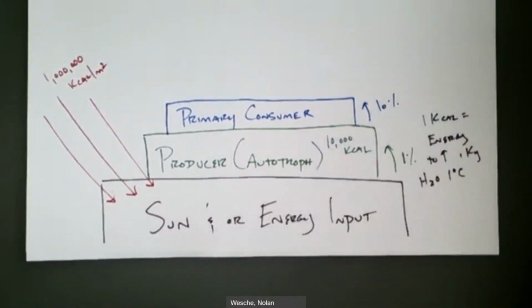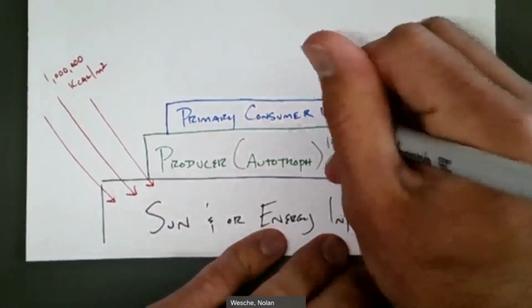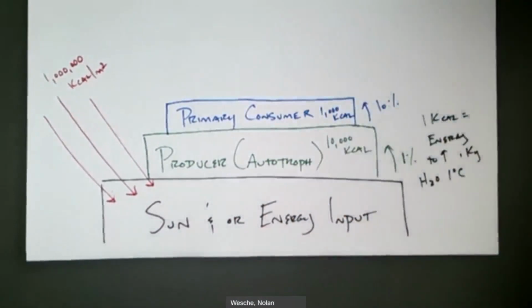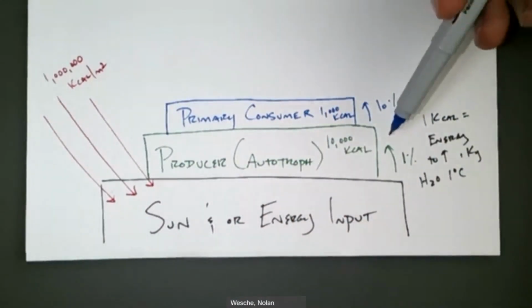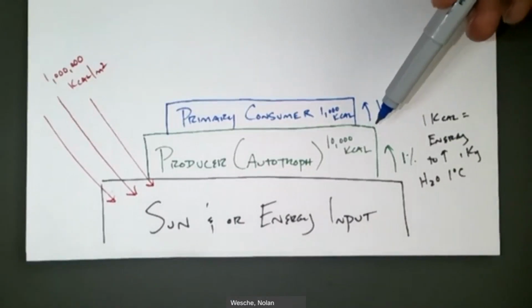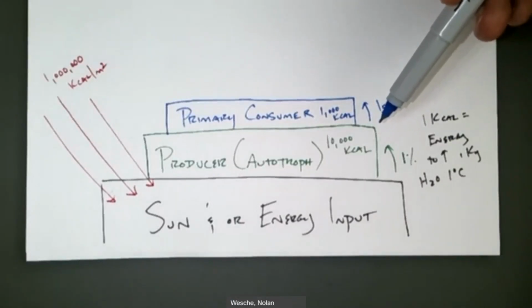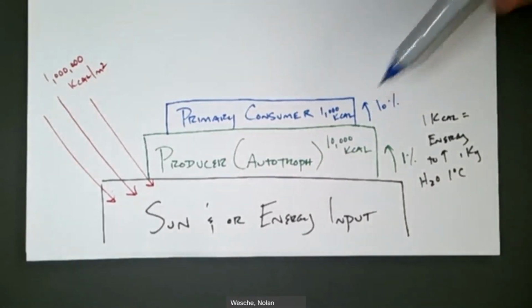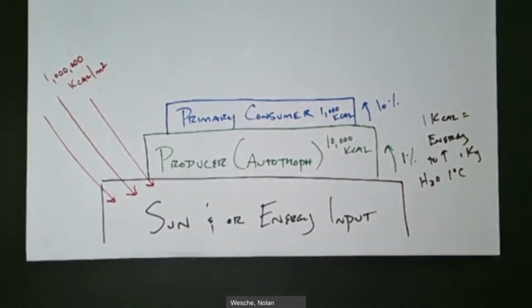So 10% energy transfer would be available. So this leaves us with 1,000 kcals. Now, where does the other 90% go? It goes into the nutritional needs and the maintenance needs of these plants that have brought in that energy. They're using the 90% for their metabolic needs within their cell, and then 10% is in tissues, and that's available then to the primary consumer at the next level.